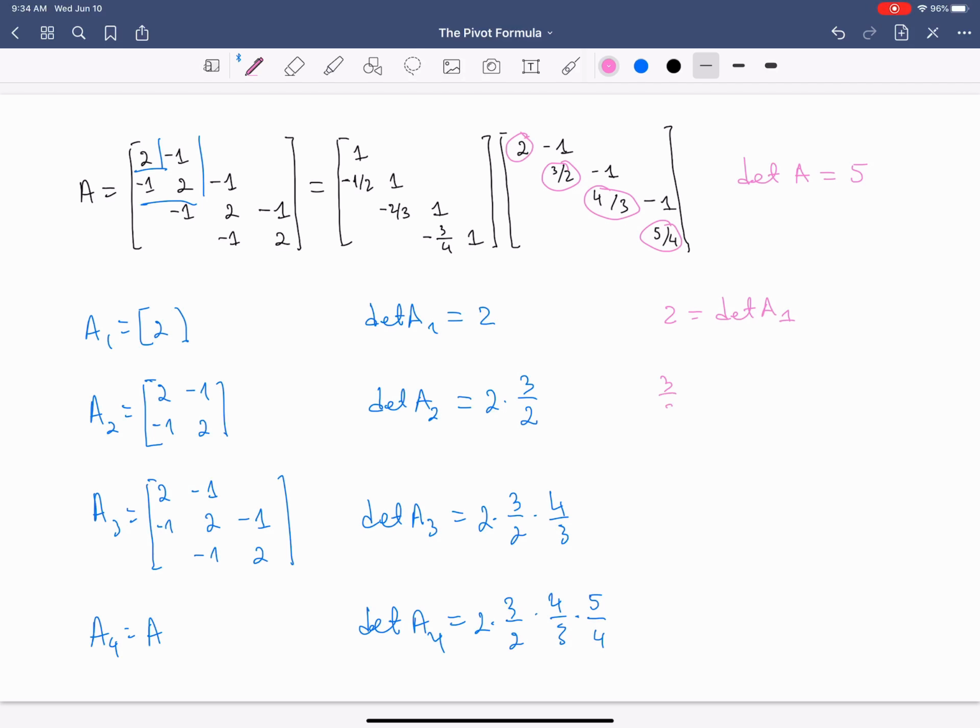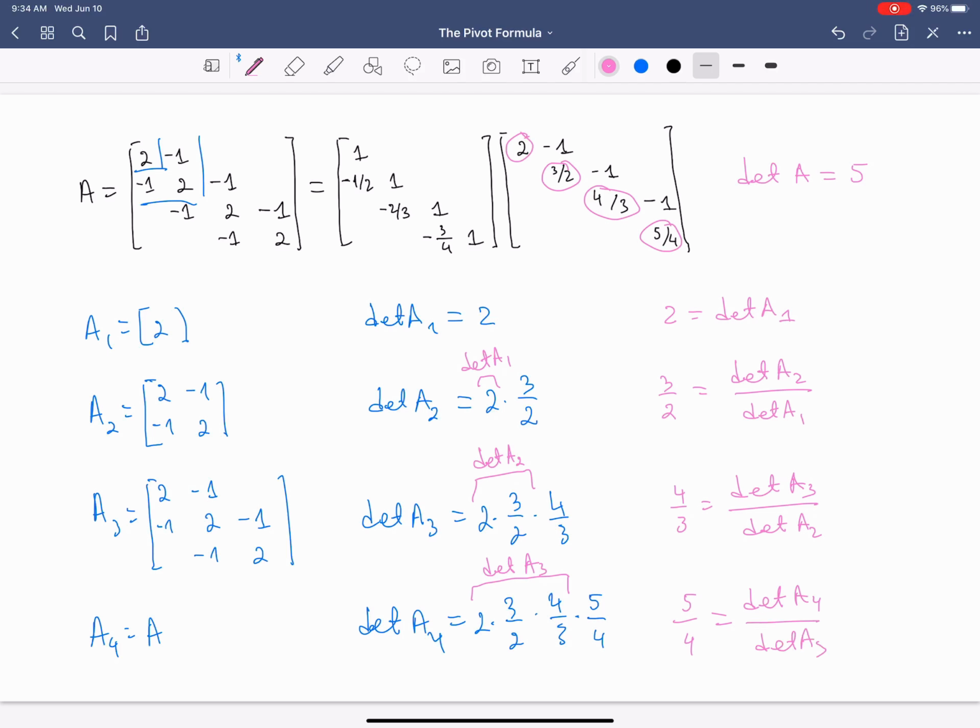The second pivot 3/2 is the determinant of A2 over the determinant of A1. 4/3 is the determinant of A3 over the determinant of A2, and 5/4 is the determinant of A4 over the determinant of A3.